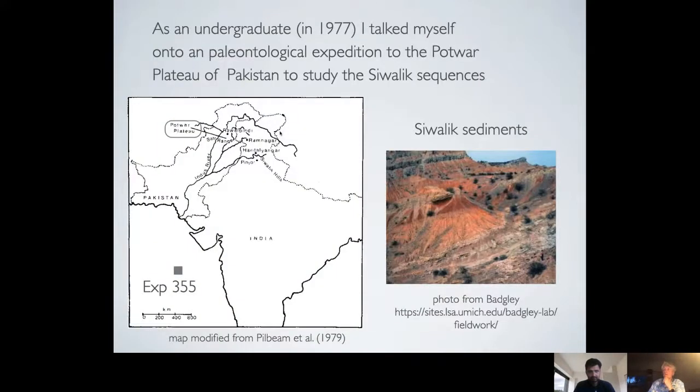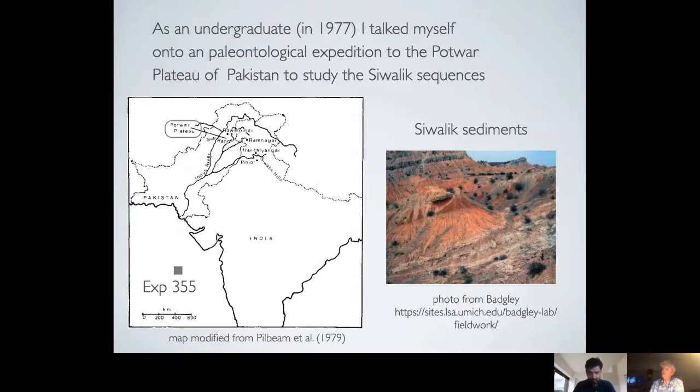So in 1977, I went to Pakistan for the first time with the Yale group, and we went to the Potwar Plateau of Pakistan to study the Siwalik sequence. My first project was to study these big sandstones that you see here.